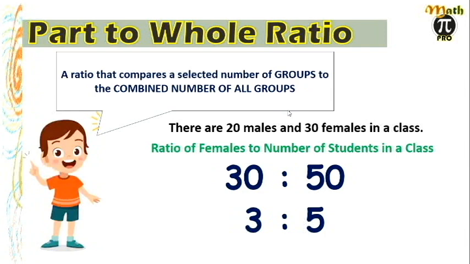The ratio is a part-to-whole ratio because we compare the number of females, which is just one group, to the total number of combined groups in the class. So all in all, there are 50 students in a class, including the females. In a part-to-whole ratio, you always need to get the combined number of all groups.